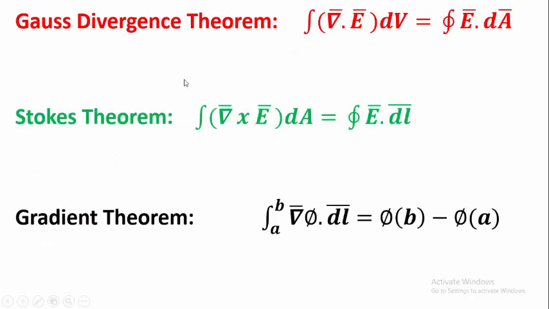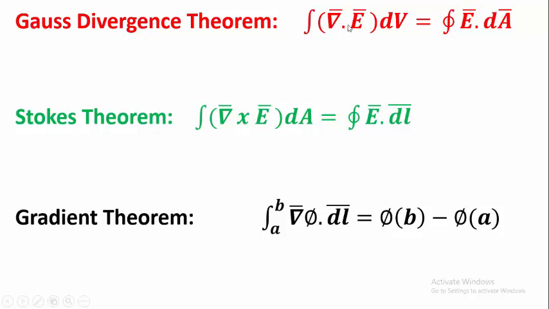These are the basic theorems, mathematical theorems, which relate the volume integral with area integral with line integral. This is called as Stokes theorem. In gradient theorem, the length integral or line integral is connected with the scalar quantity. So what is the way to memorize these things? It is very simple.